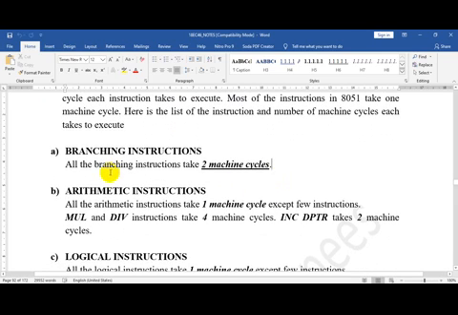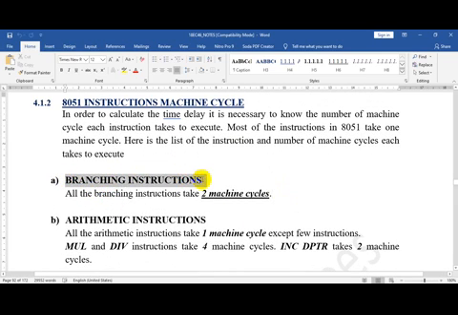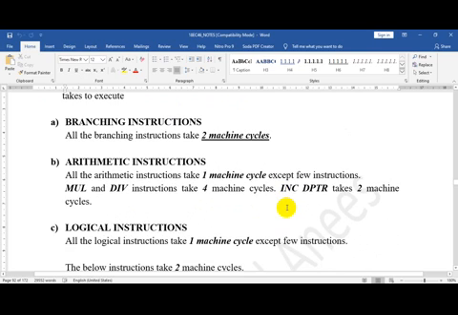For example, take the branching instructions, including the conditional jump, unconditional jump, and the call instruction. All these instructions take 2 machine cycles. This is a universal statement for all the branching instructions. So if you see SJMP, LJMP, or jump on carry, you can simply assume that it takes 2 machine cycles. In that way you can remember.